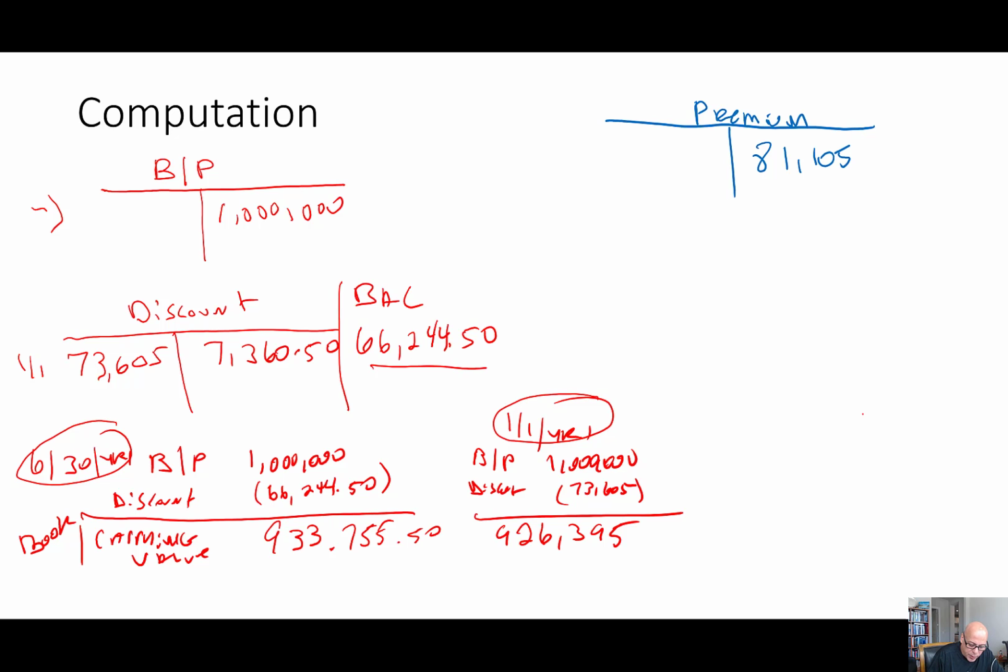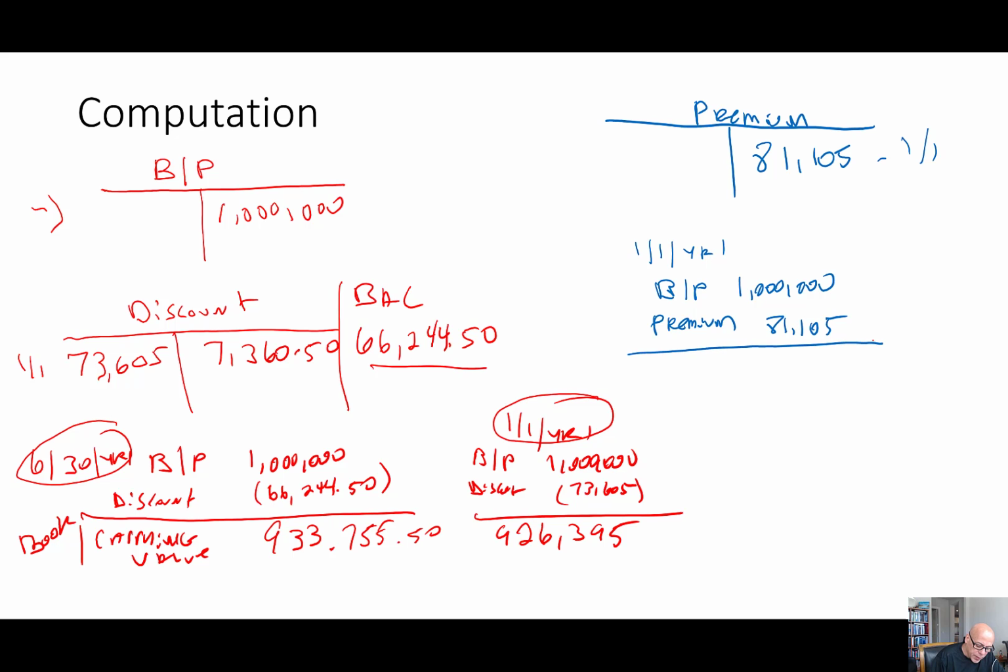If I prepare my balance sheet at year one, let's do that first. Bond payable, just doing the liability part, is $1 million. Premium, that's at 1/1, is $81,105, right?